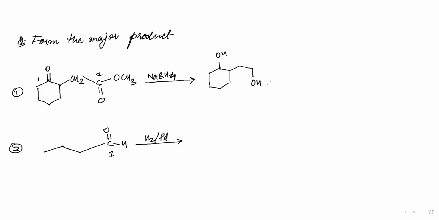This is product A. Product B will be something like this. And product C will be something like this. Tell me A, B, or C.